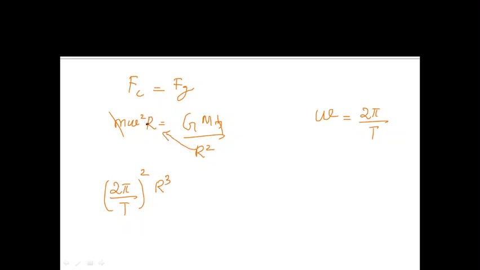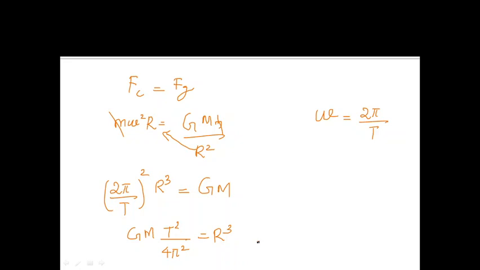I took this r squared to the left hand side. This is equal to G M, or simply G M multiplied by T squared by 4 pi squared. So G M into T squared by 4 pi squared is equal to r cubed, isn't it?